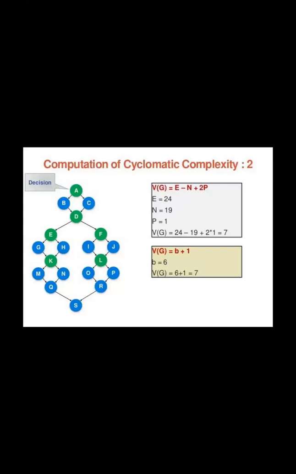say, for example, we are trying to find out the cyclomatic complexity of the given program. We know very well cyclomatic complexity is based on the time complexity and space complexity. So how much time we need to execute the program and how much space we need to store the program.